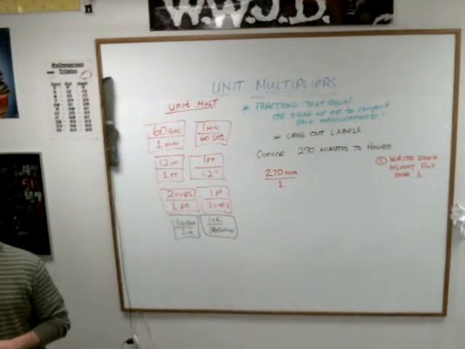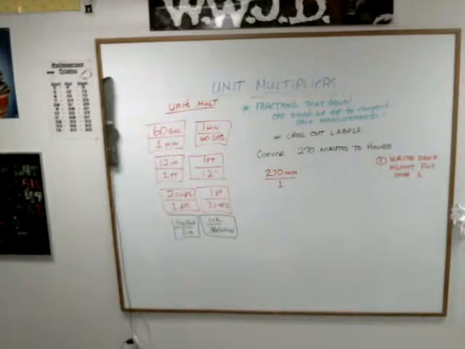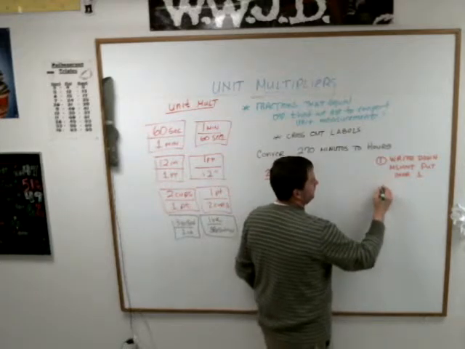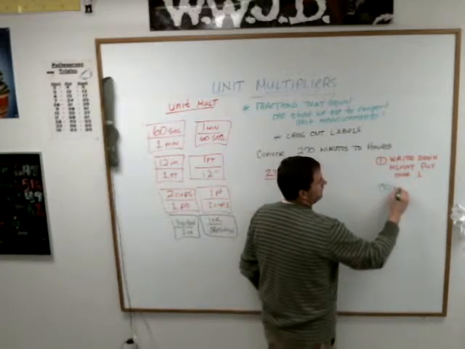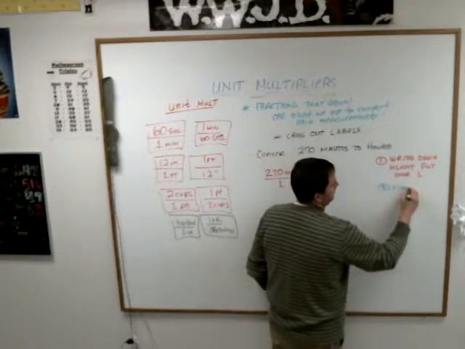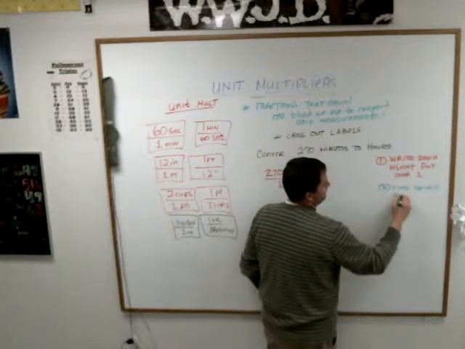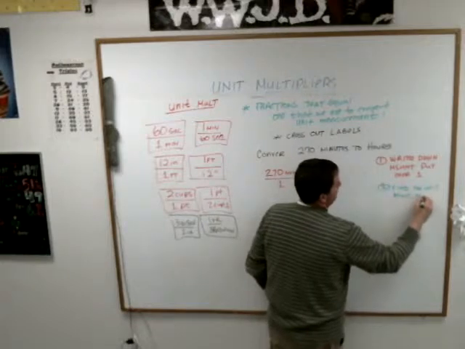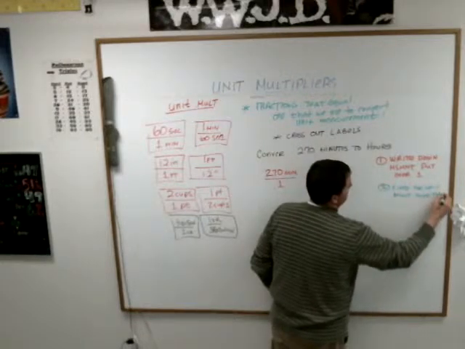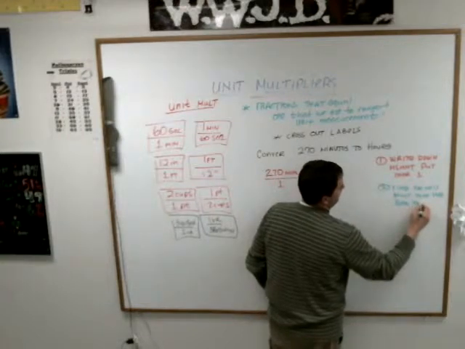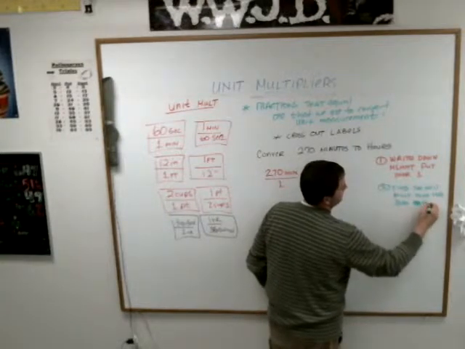Step number 2 is to think of or find the unit multiplier that has both measurements from the problem in it.